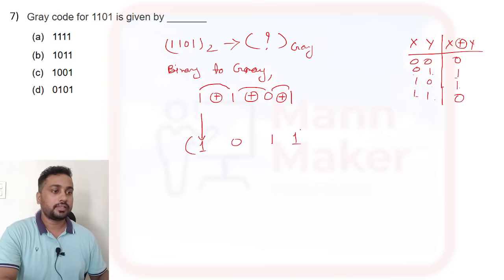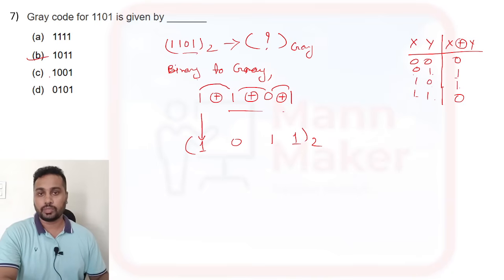So this is the binary to gray conversion. We got gray 1011, option B.